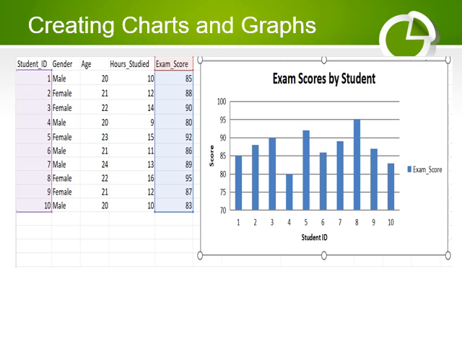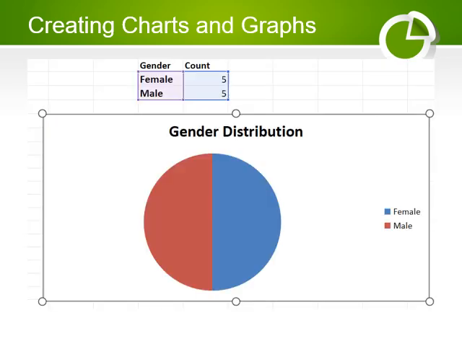This displays the exam scores per student. A pie chart illustrates the gender distribution, which in our case is exactly 50% male and 50% female. It shows equal gender distribution of 50-50 split.